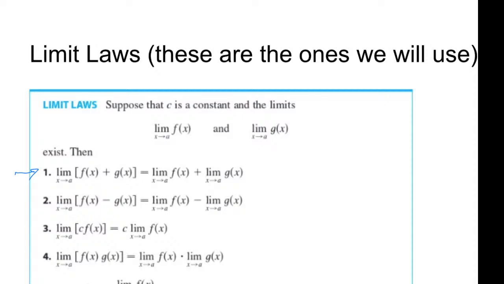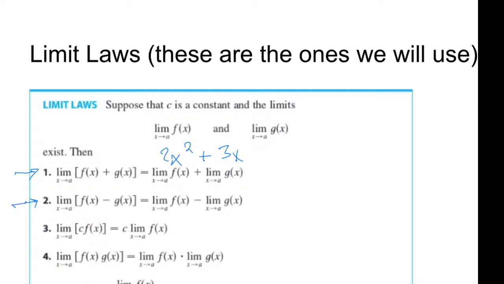And what that's going to allow us to do is take something like 2x squared plus 3x, which could be viewed as a single function, but we could also view it as a sum of two functions. So sometimes when we get stuck, if we've got things added, we could break it up and take the limits separately, and then we just add those results. So it kind of simplifies.